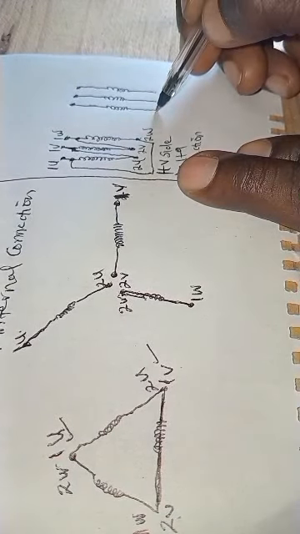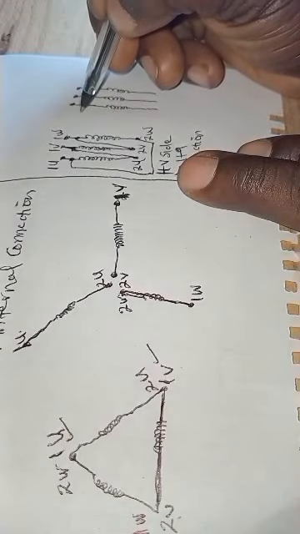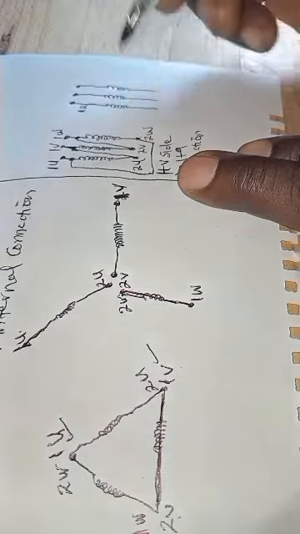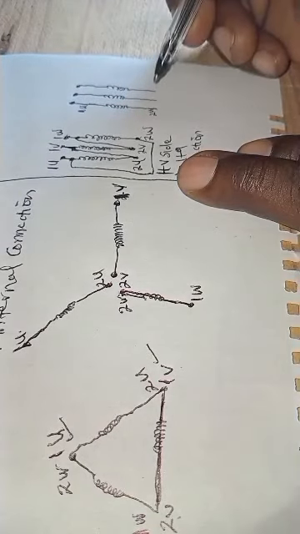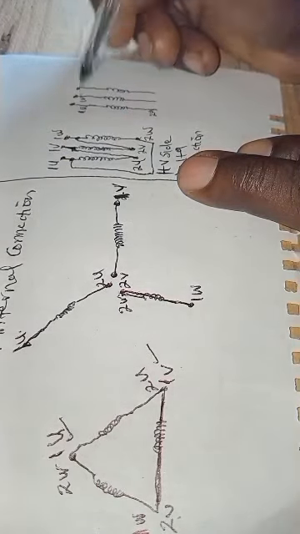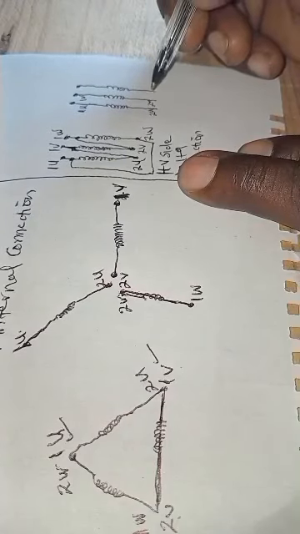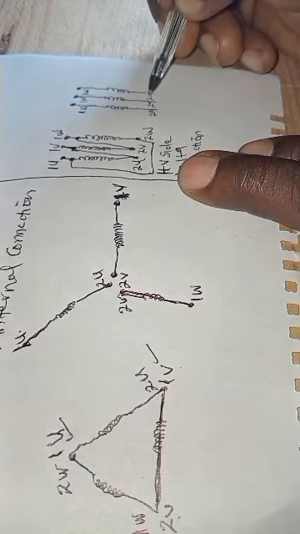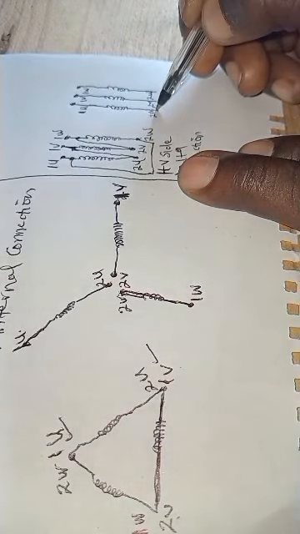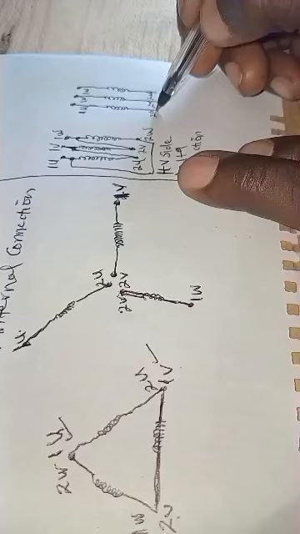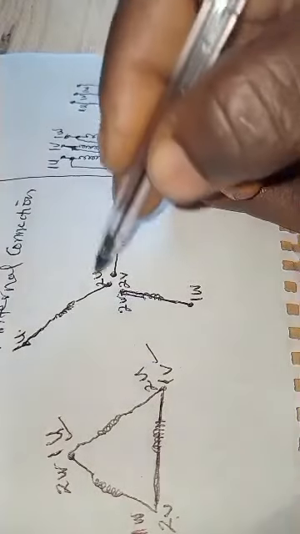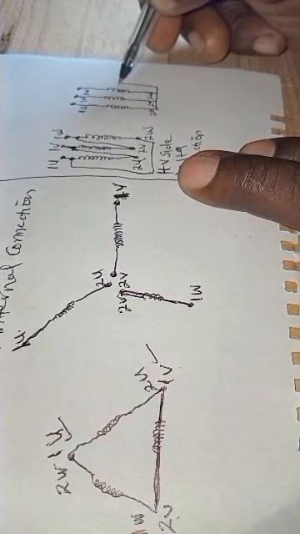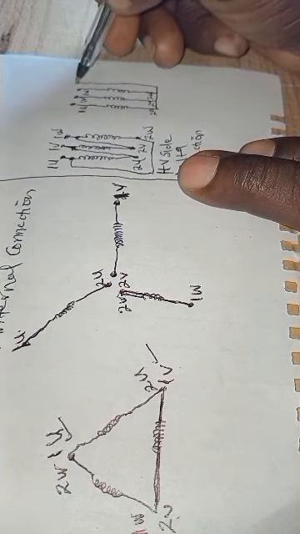And since it is star, look at this, we have our 1U, small letter here. This is capital letter. Then 2U. I have 1V here, I have 2V here. I have 1W, I have 2W here. So the three are starred together. Look at it, star. And our neutral is connected out of it.